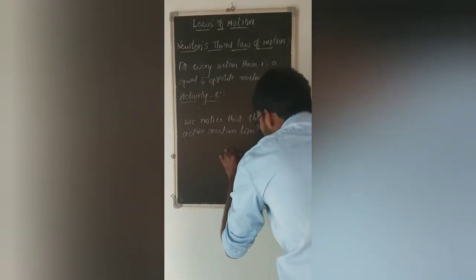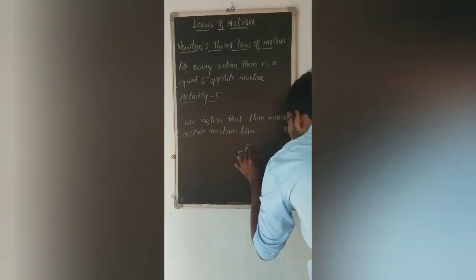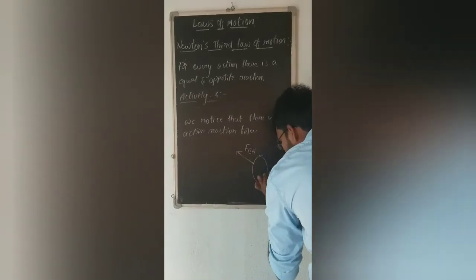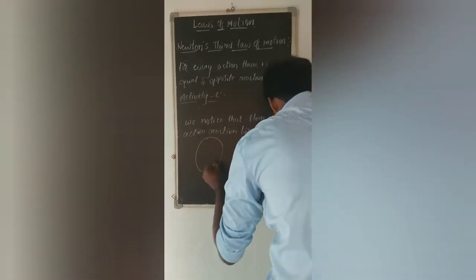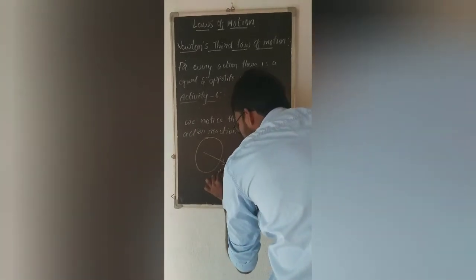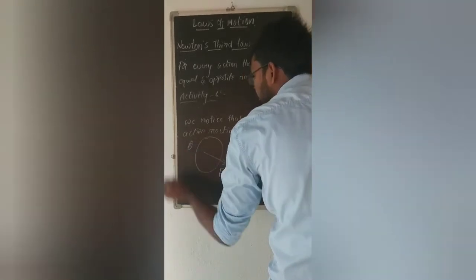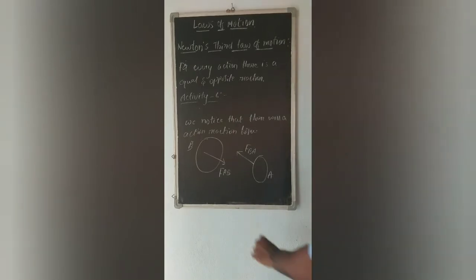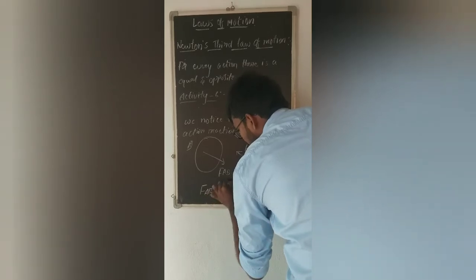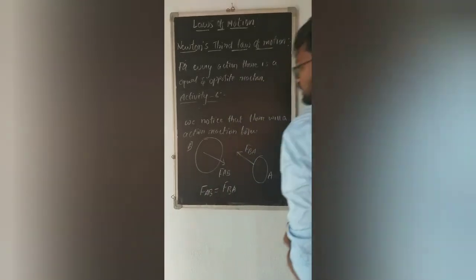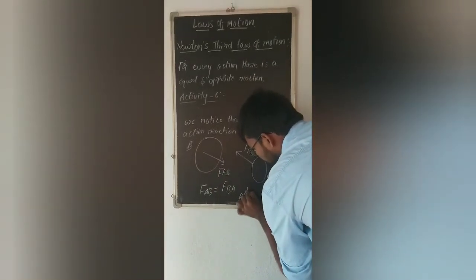This is FAB, this is F net, or we can take it as FBA. Okay, object A, and a large object B with force FAB. So from this, if we take FAB equal to FBA, this is about action reaction forces.